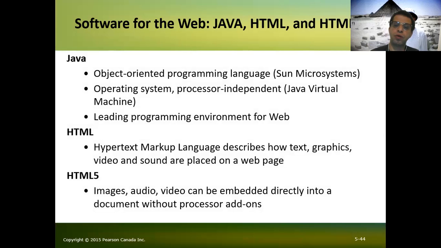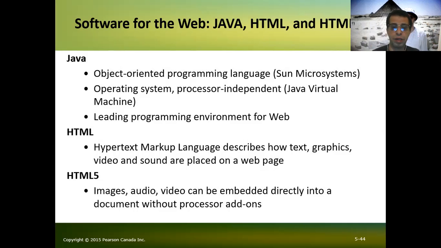Then you have Java. Java is an object-oriented programming language used mostly by Sun Microsystems, and Sun was bought by Oracle. Now they can give you a package of software and hardware together. For the servers of Sun, you use Java and Unix.